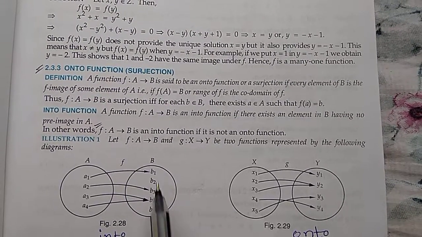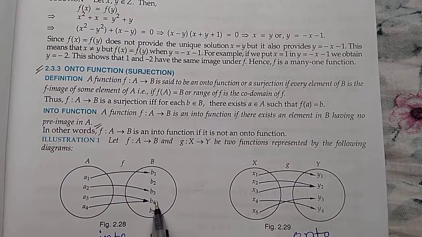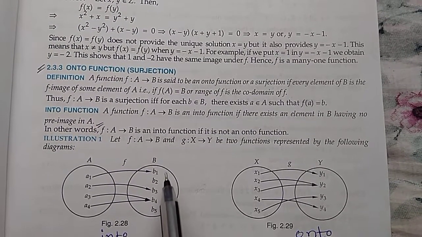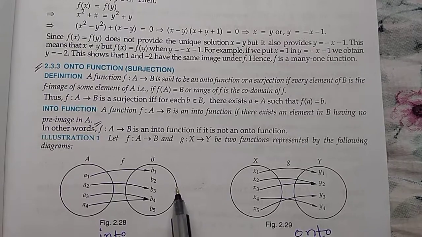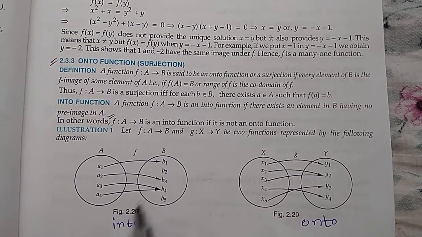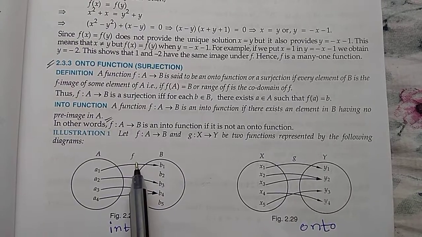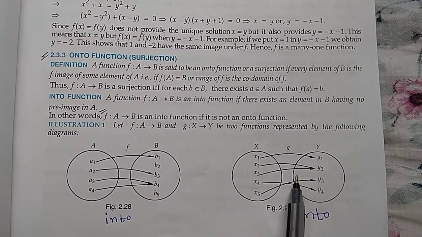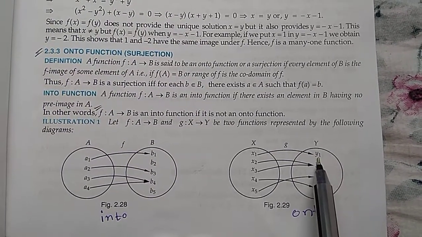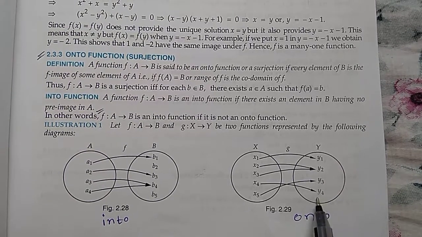So here the image set is a subset of the codomain set B. So this is an into mapping or into function.